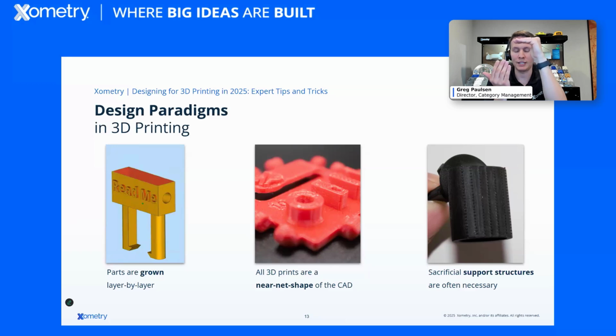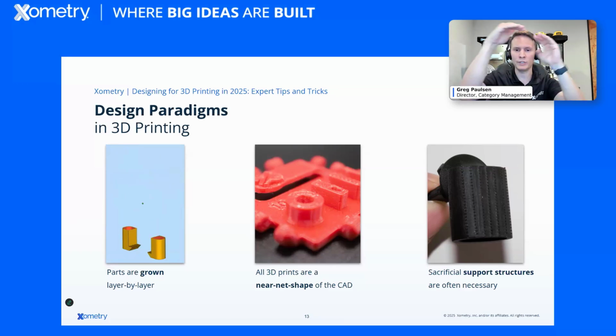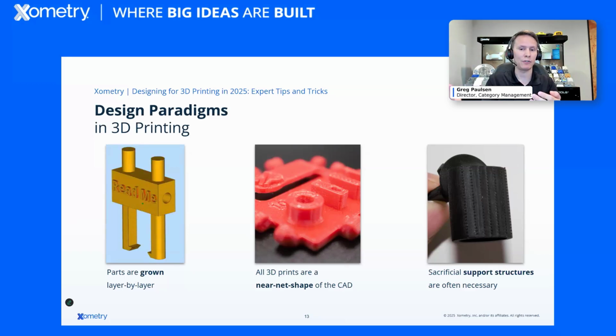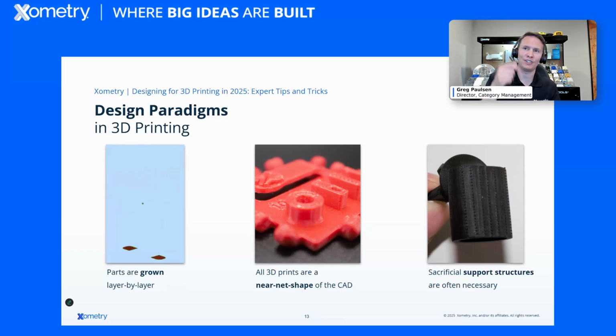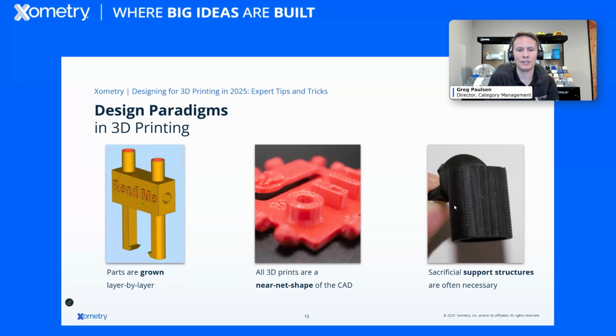So if your part is a T shape, for instance, and I'm building it as if it's standing up like a piece of text, I'd be building sacrificial features going up to hold that overhang of the T at the top. Then they get removed after the build. This picture here is probably the worst example, showing a lot of really strong supports, but it's very visual for a presentation to show these little nubs where that sacrificial support structure was removed.